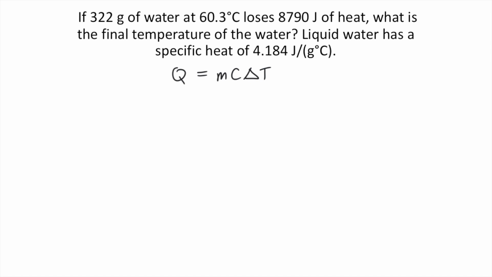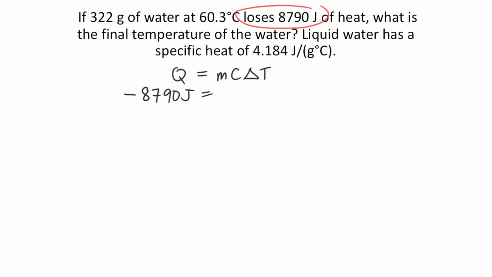So in the problem, it says here that it loses 8,790 joules. So remember, when heat is lost, heat is negative. The sign is negative. So Q is negative 8,790 joules.